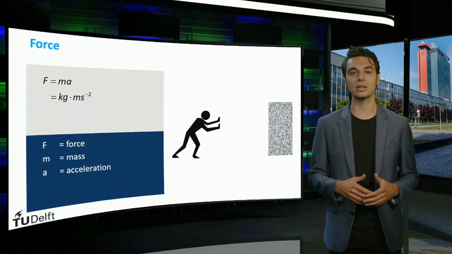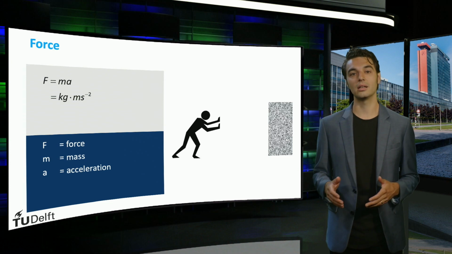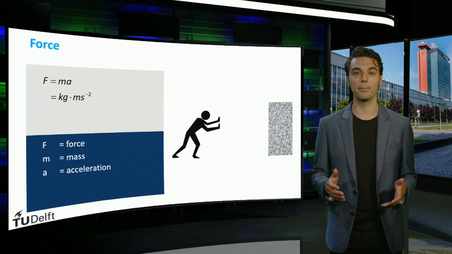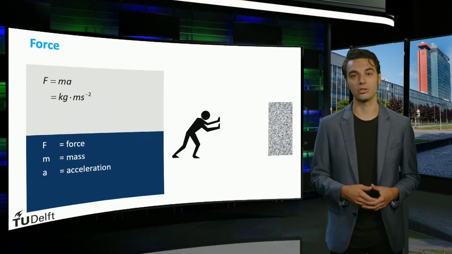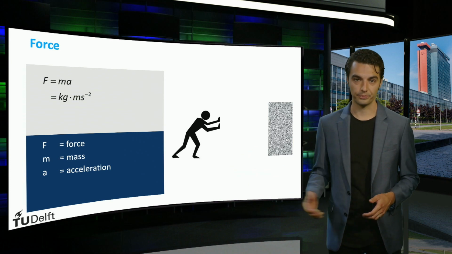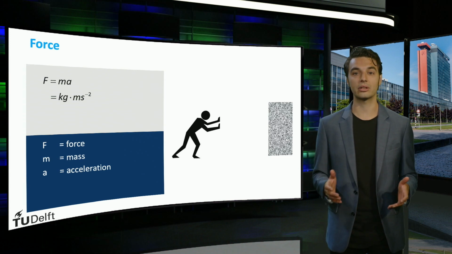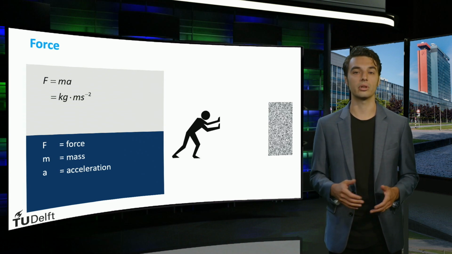According to Newton's second law, the acceleration a depends on the magnitude of the exerted force, F, and the mass, m, of the object that undergoes the acceleration, as shown in this equation. We can gather from the figure that the force and acceleration are vectors, or directional quantities.